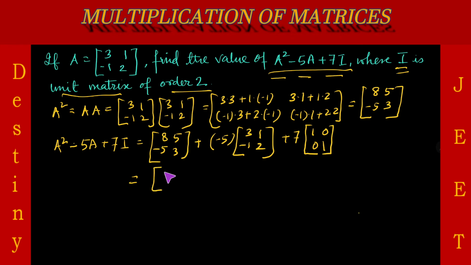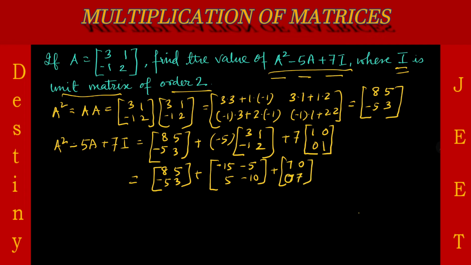We get 8, 5, minus 5, 3 plus minus 15, minus 5, 5, minus 10, plus 7, 0, 0, 7.